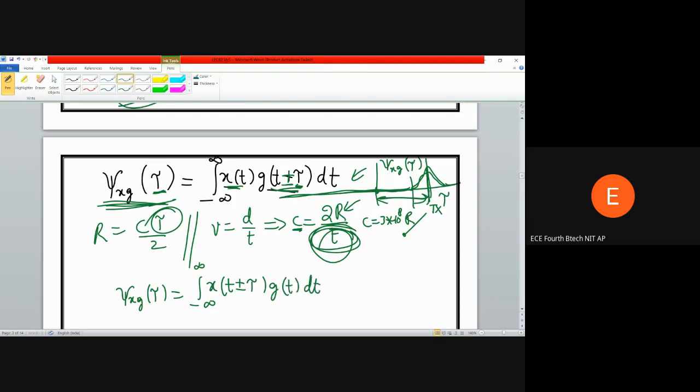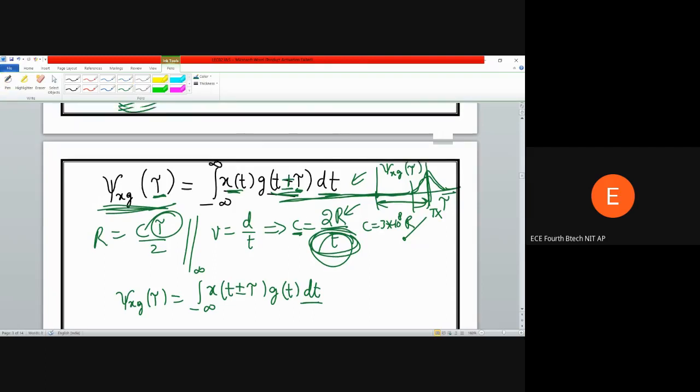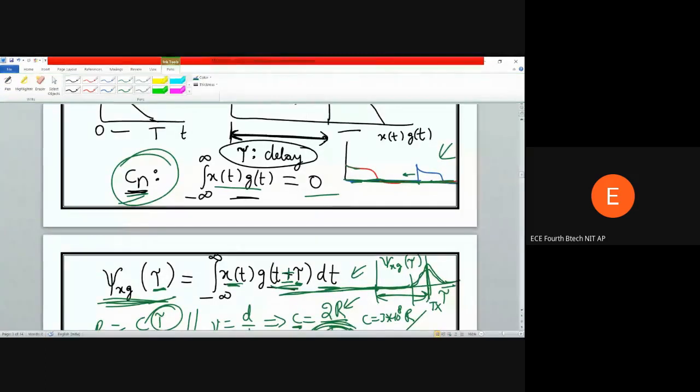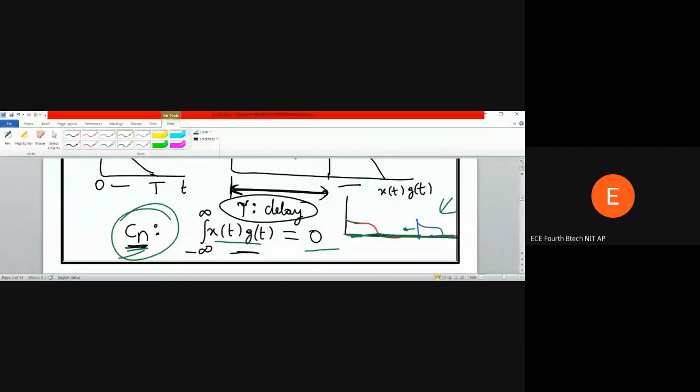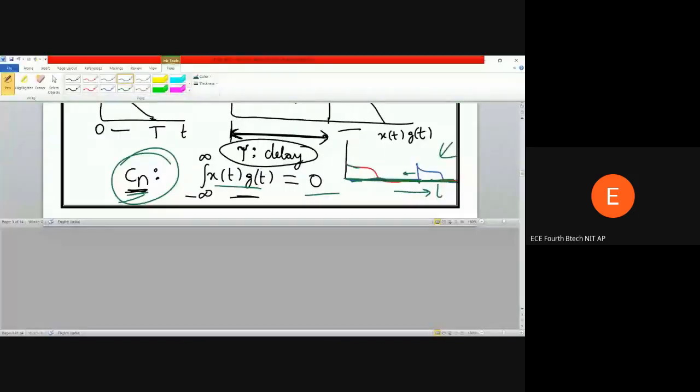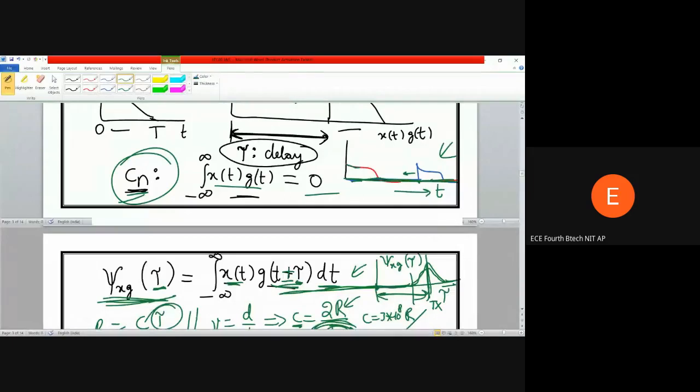The most important thing is that you are going to perform the integration with respect to t, because this is the time axis. So you should perform the integration with respect to t.